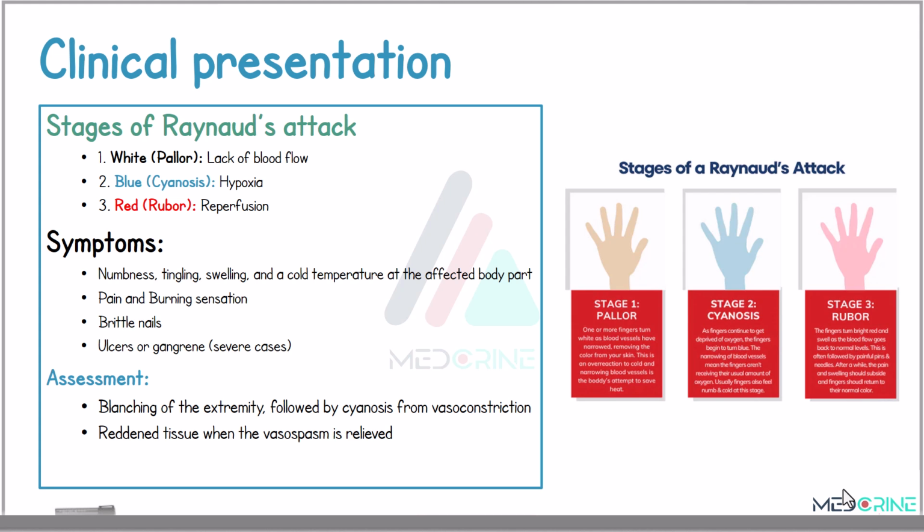Finally, it becomes red upon reperfusion. Patients may experience numbness, tingling sensation, pain, swelling, brittle nails, and in severe cases, ulcerations and gangrene can occur. So the assessment findings will indicate a blanching of the extremity that is followed by cyanosis from vasoconstriction and reddening of the tissues as vasospasm is relieved.